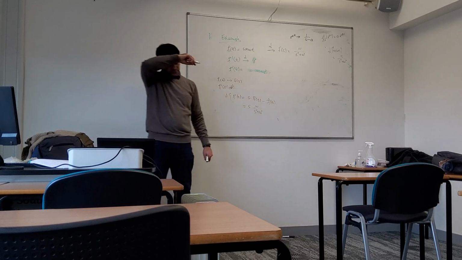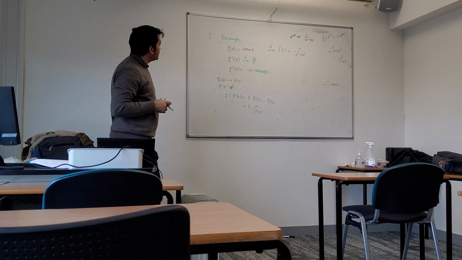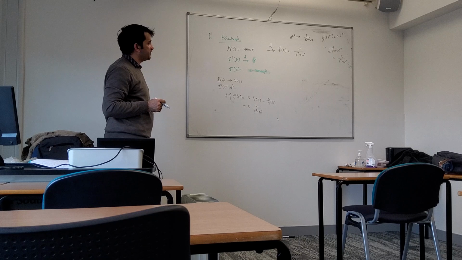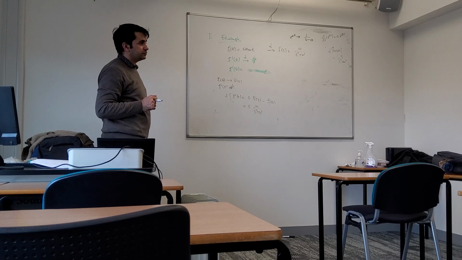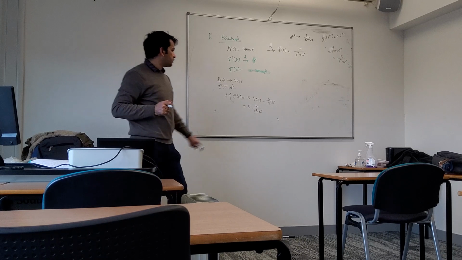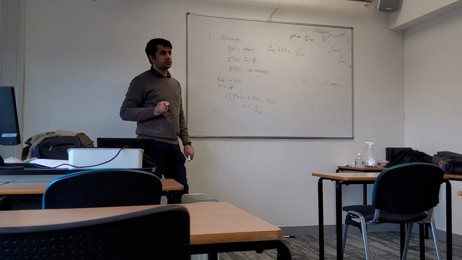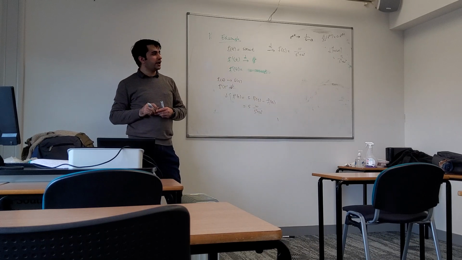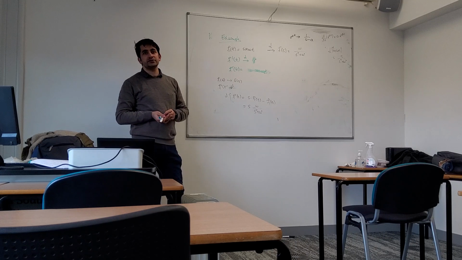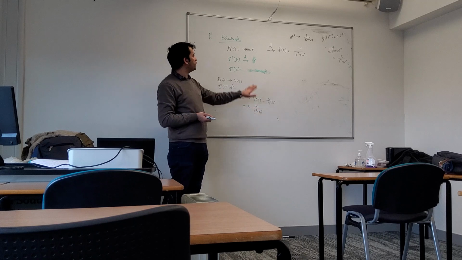Now, we need the value of the function at 0. How are we going to find this? What I told you is that in order to find this, you just need to take the time domain function and put t equals to 0. What is the time domain function? f of t, this one, right?